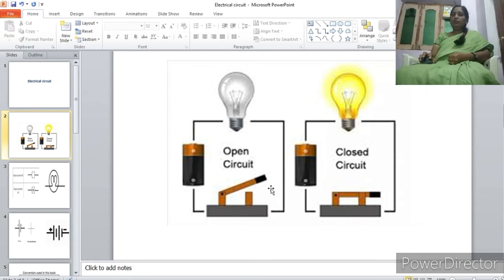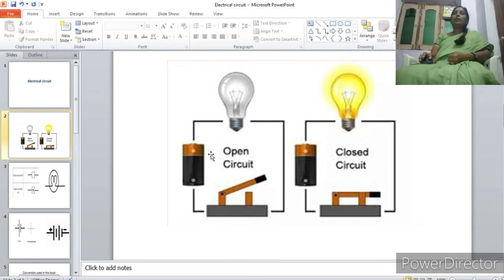If in this circuit anything is out of order, when it does not have a connection, then it is said to be an open circuit. In an open circuit, the circuit is not completed at all, so the bulb will not glow in this situation.